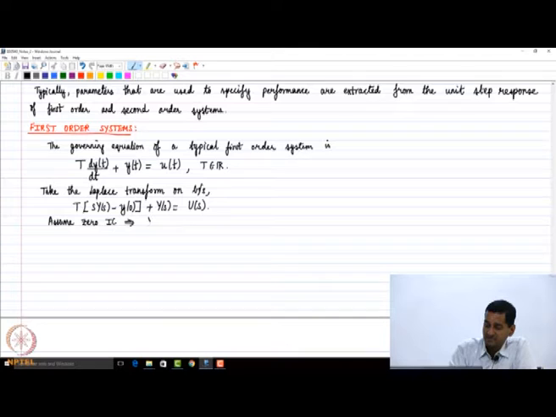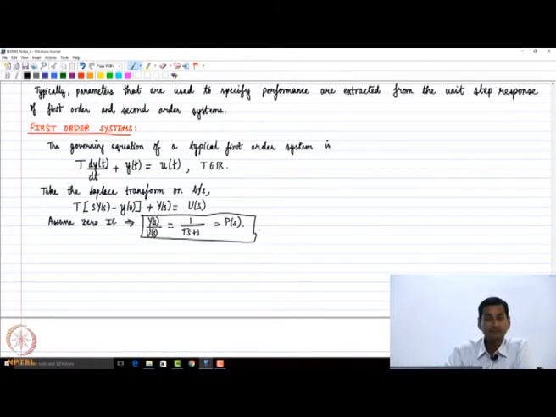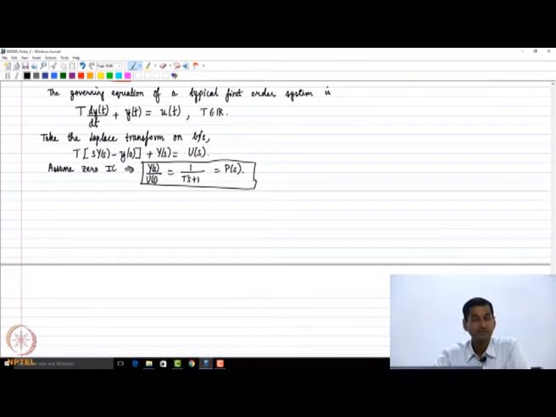This implies that Y(s) divided by U(s) is equal to 1 divided by (Ts plus 1). So this is the plant transfer function. I hope everyone agrees.